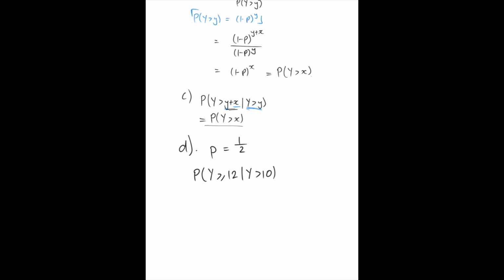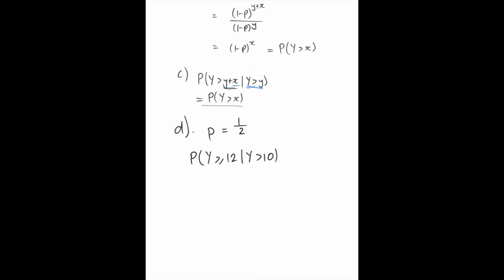So going in context of our previous question about memoryless, we have little y equal to 10, little x equal to 2. So using the memoryless property we've just discussed, this probability is equal to the probability that Y is greater than, oh sorry, greater than or equal to 2. Because of the greater than or equal to sign here.